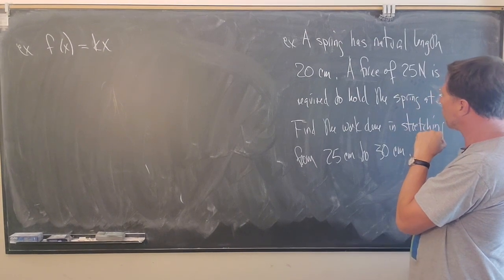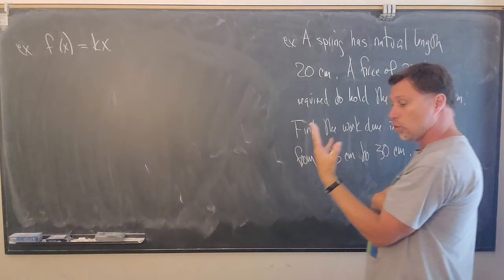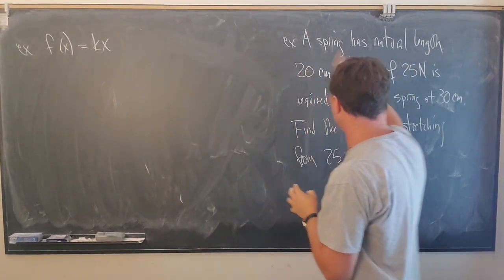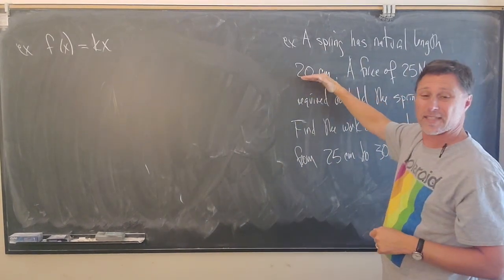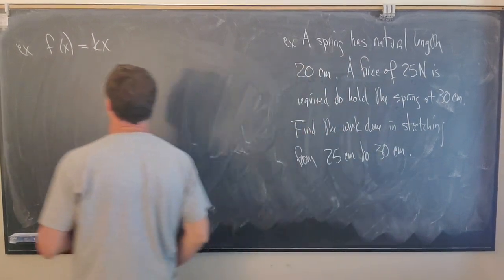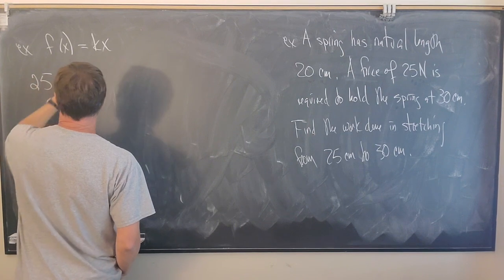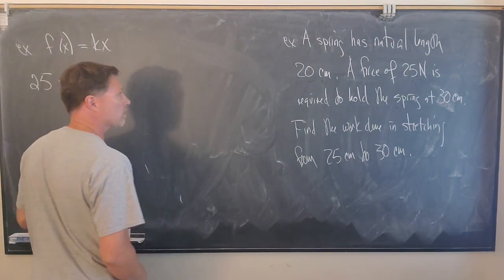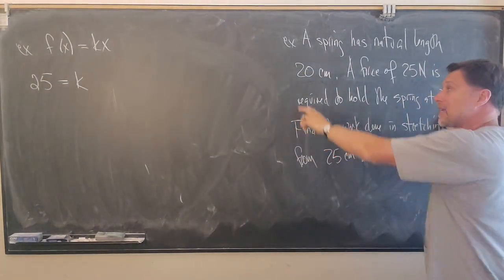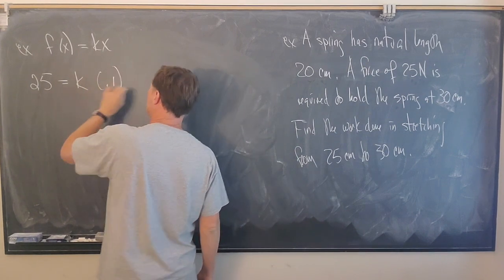Now we have to be careful here. When you're doing work, the unit is joules. A joule is equal to a Newton meter, so we've got to get our units right here. We've been given information in centimeters. We need to convert all of that to meters. So what we know is that 25 newtons is equal to K times X. 30 centimeters is 10 centimeters past its natural length, which is 0.1 meters.